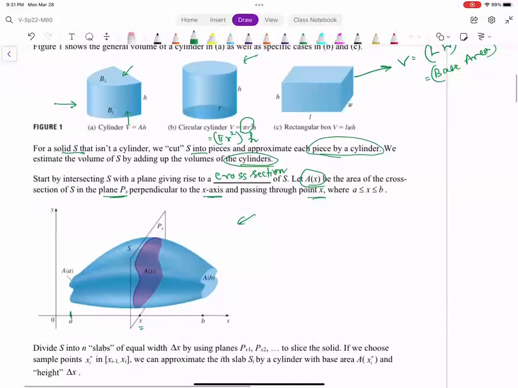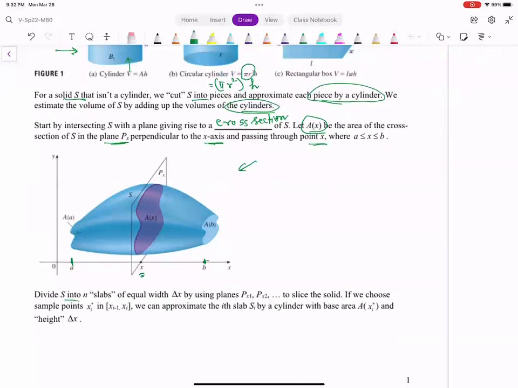So you're imagining the prototype of the solid in the interval a to b in two dimensions. We make a cross section at the point x, and the cross section has the shape of a cylinder with base area A of x. So we call A of x the area at the point x, the area of that small cross section, and the thickness is the thickness of that cross section.